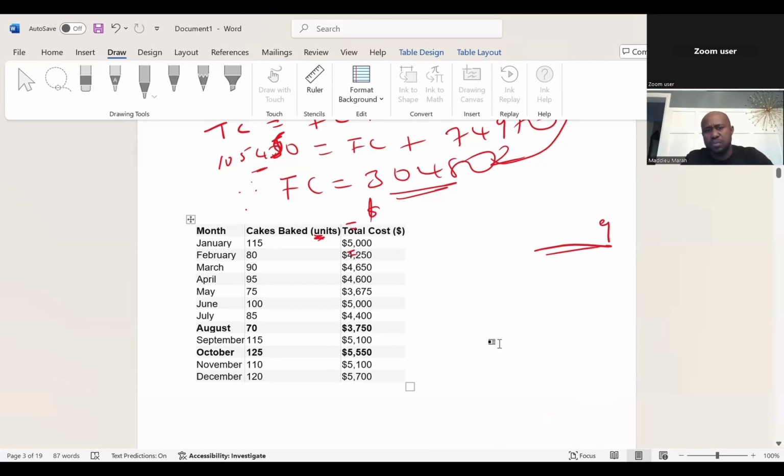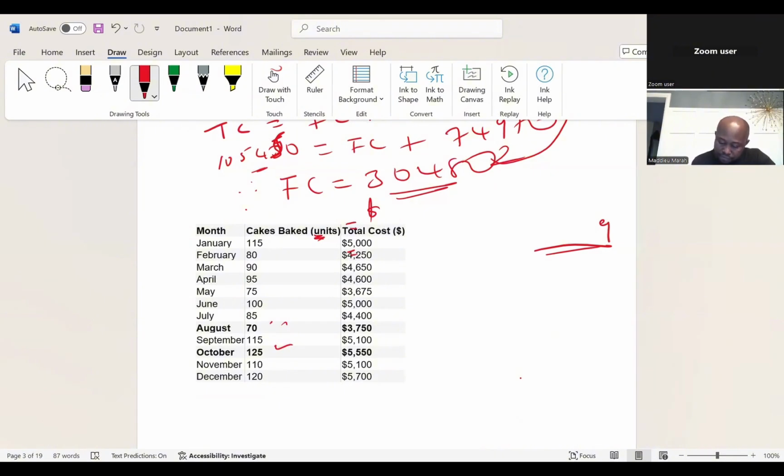Now, let's study this table, cake baked, the unit. What's my high activity? I see 125, October. So October is going to be my high, 125. And my low activity is August.